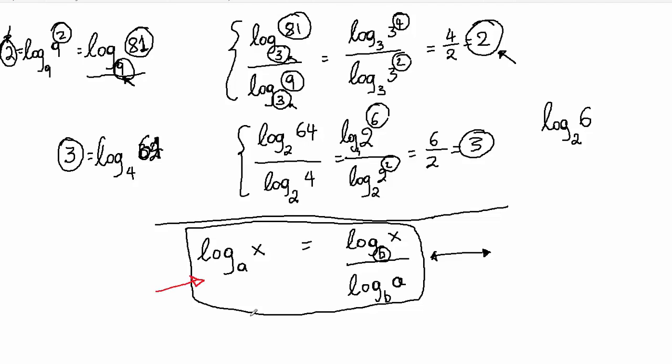So in our case, I want to calculate the log with base 2 of 6. So my a is 2 and my x is 6. If I use this formula in order to calculate that, let's say with a log with base 10, so I will change my b to be the number 10 right here, then I can write the log of 6.